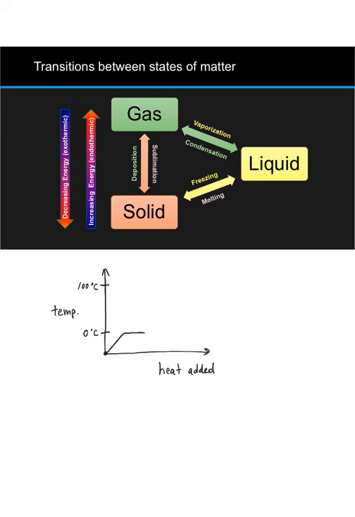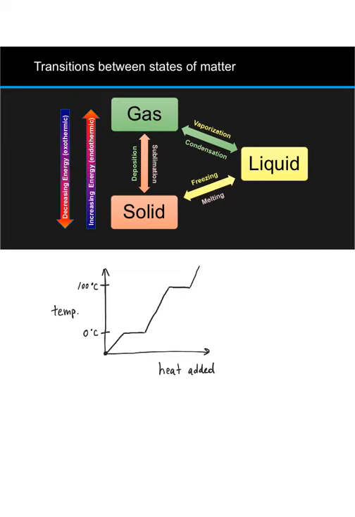And it's not until we completely transform that solid into liquid that the temperature can begin to rise once again. At 100 degrees Celsius, the normal boiling point for what's now liquid water, again we reach a plateau where added heat energy does not increase the temperature until all of the liquid water vaporizes.